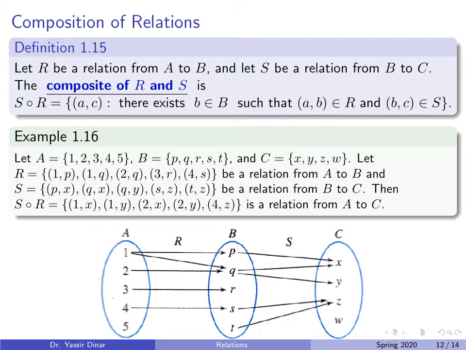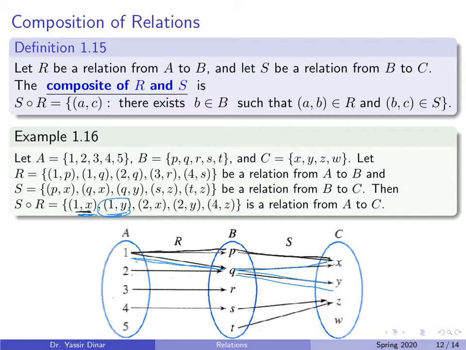For example, the element 1 goes to B, and from B, under the relation S, it goes to X, and this gives me the first entry in the composition, which is 1X. But also 1 goes to Q, and Q is related to X and to Y. This gives me 2 elements: 1X, which is already here, and also 1Y, which is the second element here.